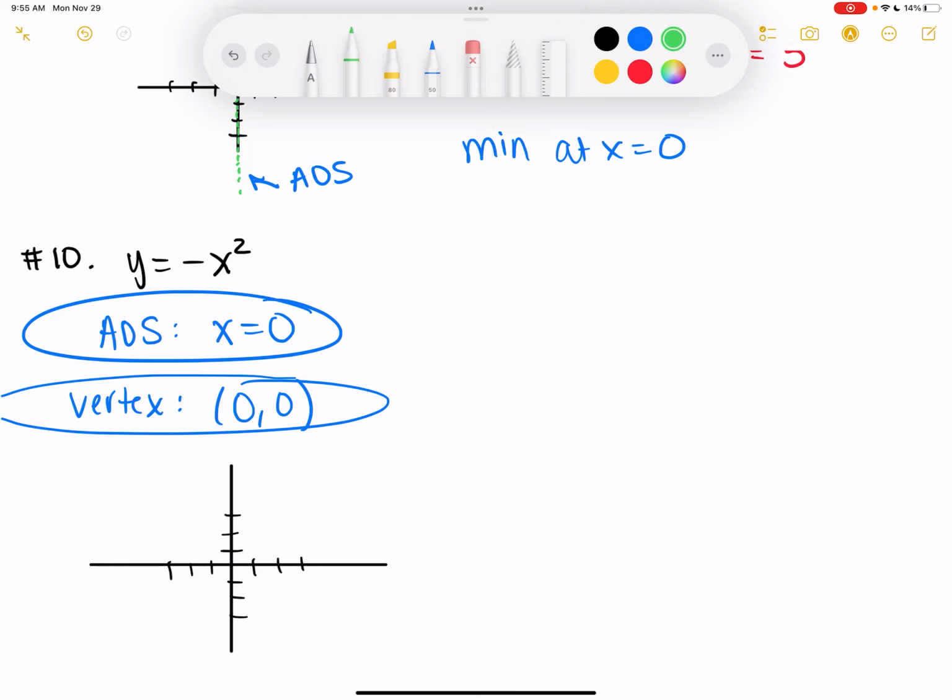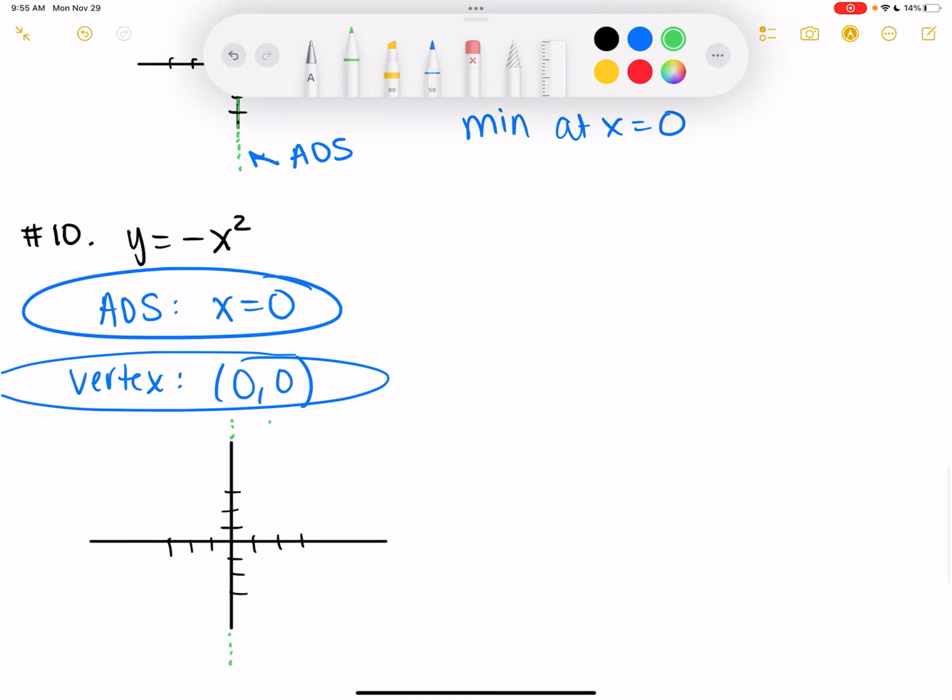I'm going to go ahead and draw in my axis of symmetry. It's at x is equal to 0, so I'm just going to extend my graph like that. I'm going to draw a little arrow and say axis of symmetry to make it very clear that that's where it is. My vertex is at 0, 0, so I'm going to plot that point.